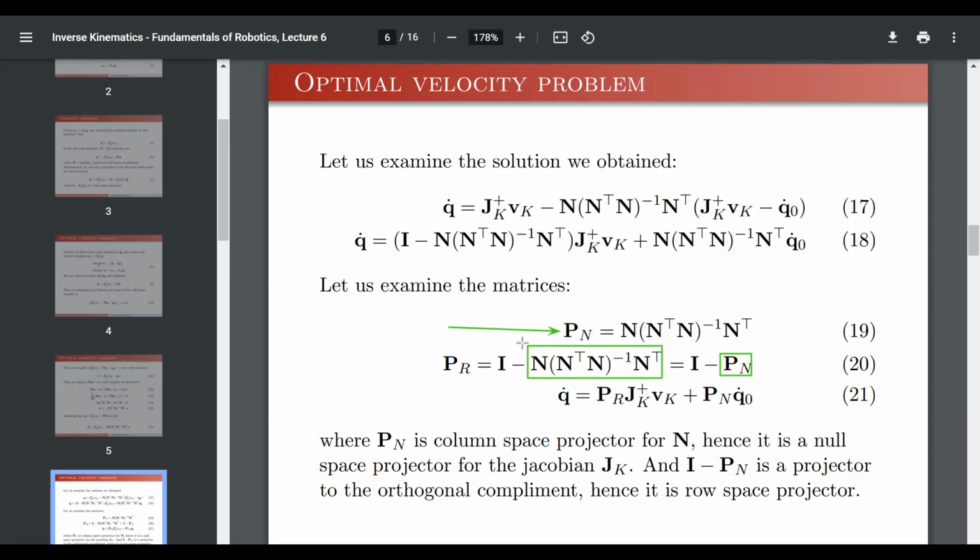So instead of being a null space projector, now I minus this projector gives us a row space projector. That is why R here. So this is a row space projector. A row space is the orthogonal complement to the null space. So this is somehow a row space projector. Okay. Looking at it, it is a little bit hard to see how this is a row space projector, right?